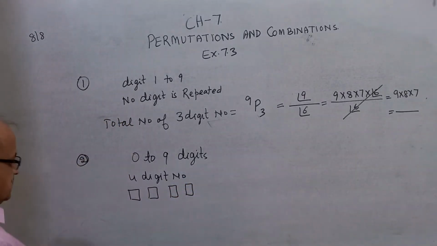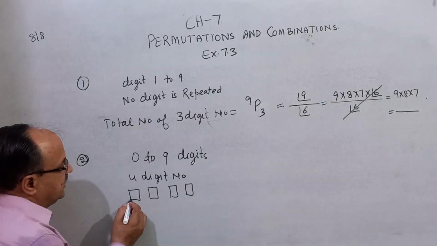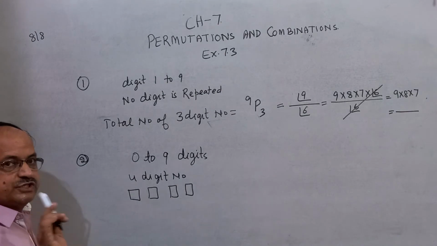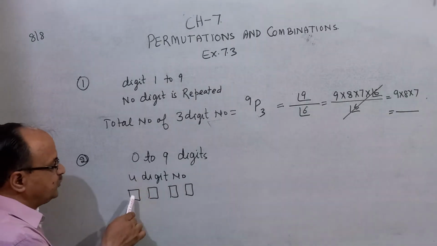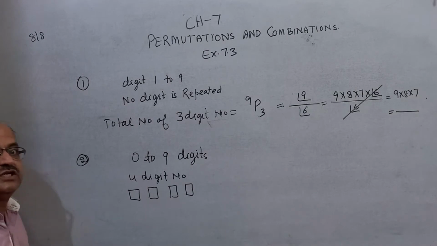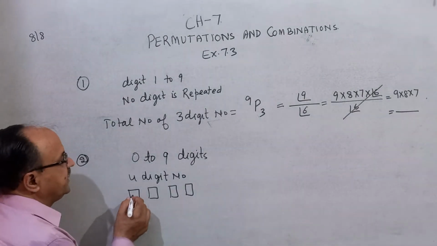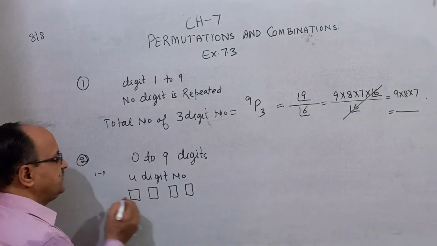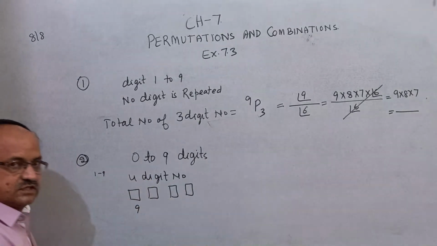And you can see here you can't put 0, because if you put 0 here, the number becomes a 3-digit number. So you can put here 1 to 9, it means 9 ways.